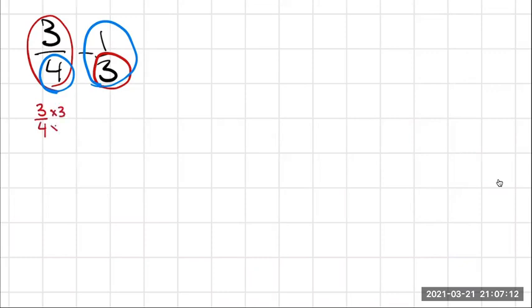3/4 times 3 over 3 gives us 9/12. And if we did 1/3 times 4 over 4, that leaves us with 4/12.